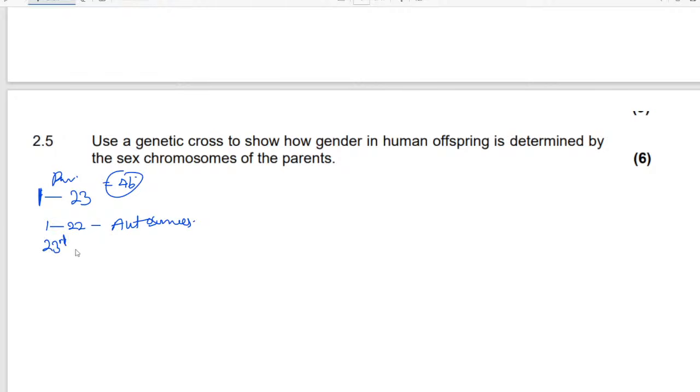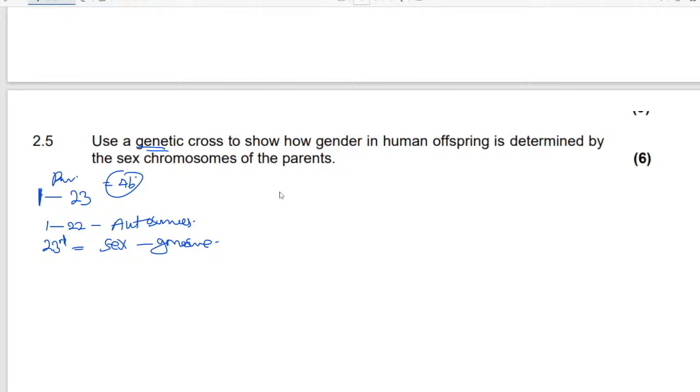The 23rd pair we call the sex chromosomes or gonosomes. So when you're describing sex determination, you're supposed to explain based on the 23rd pair of chromosomes.